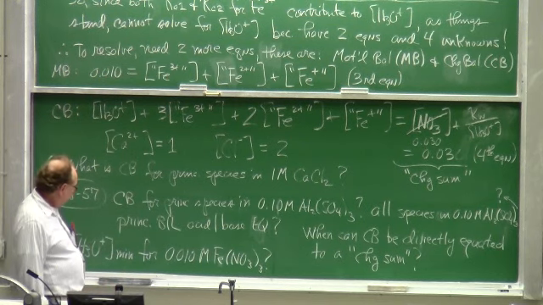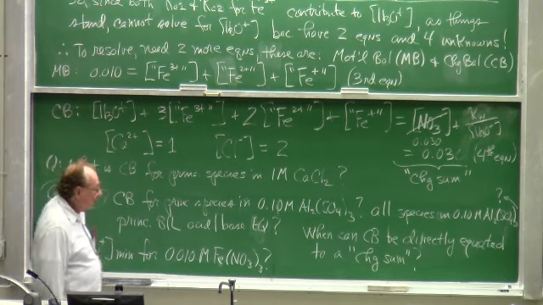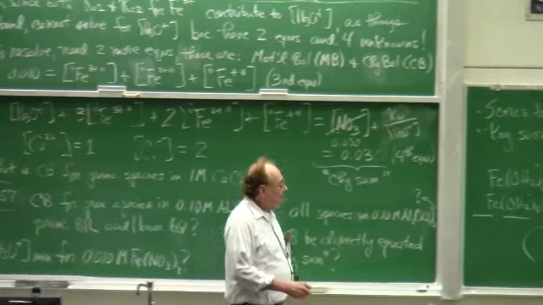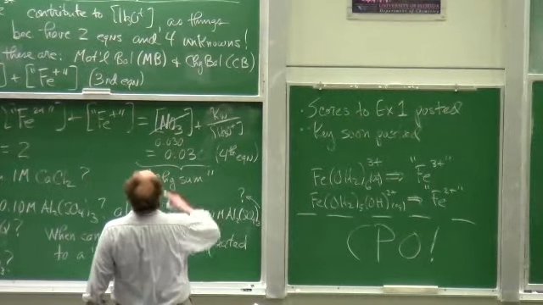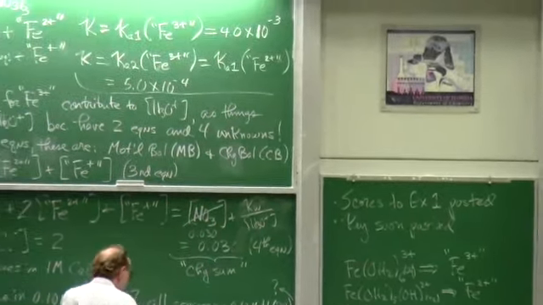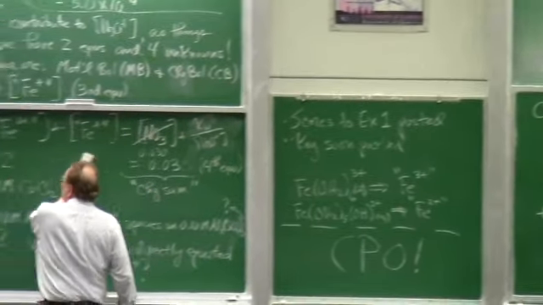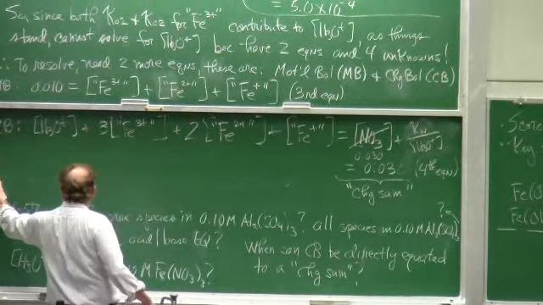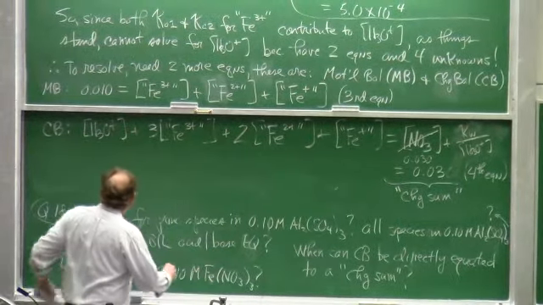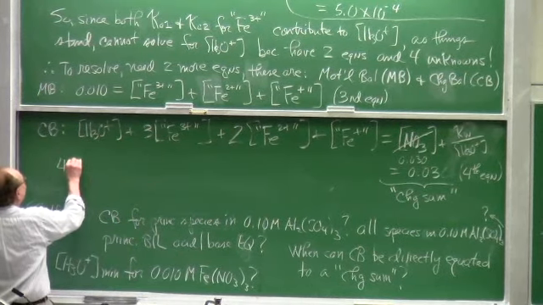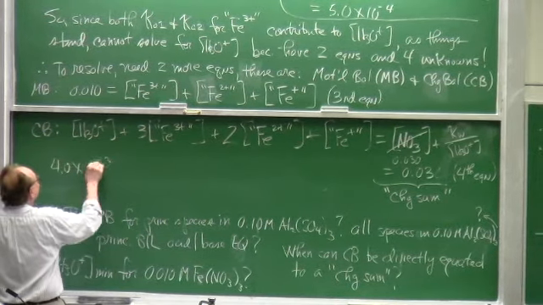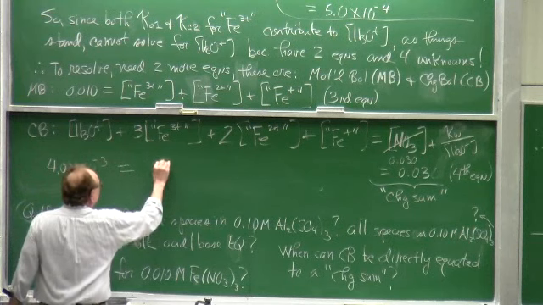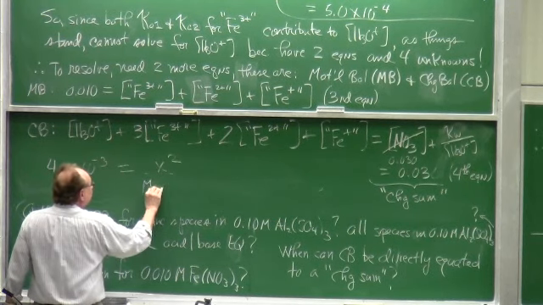All right? So, when I want to do this, I would write, well, here, let's put it over here. We've done this part. 4.0 times 10 to the minus 3 is x squared over m sub I minus x.